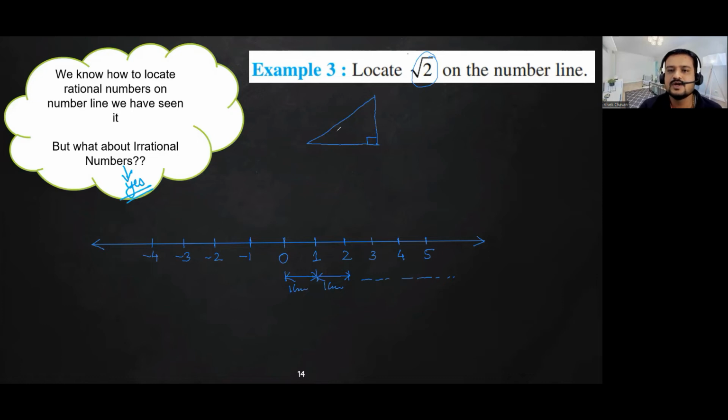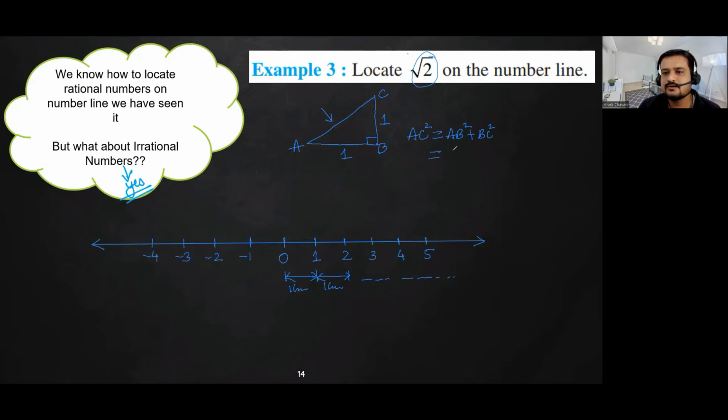In order to get this hypotenuse as root 2, we will have to take the base and height of this right angle triangle as 1 and 1. When you apply the Pythagoras theorem in this right angle triangle, suppose we give the name to the triangle: the triangle is A, B, and C. So AC square, that is the hypotenuse, will be equal to AB square plus BC square.